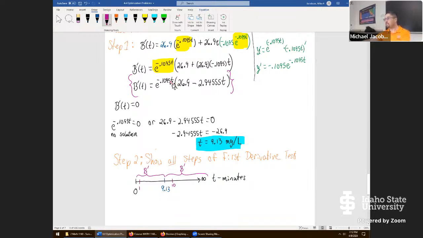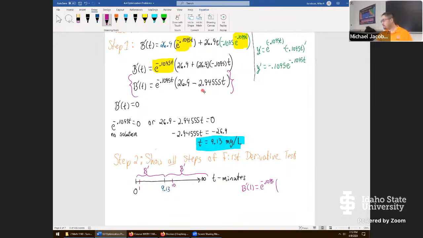So in place of where the t's occur in 2 positions, when time is 1 minute, B prime at 1 minute becomes, well, this is e to the negative 0.1095 times 1, so I'll just leave it like that.